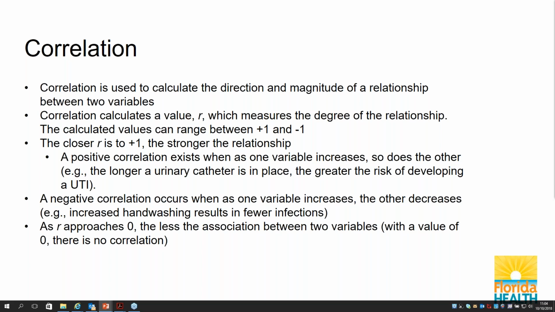And remember, the calculated values only range between +1 and -1. A negative correlation occurs when, as one variable increases, the other decreases. So you have an increase in hand washing, which is going to result in fewer infections. And then lastly, as r gets closer to 0, the less the association between the two variables. With a value of 0, there's really no correlation.